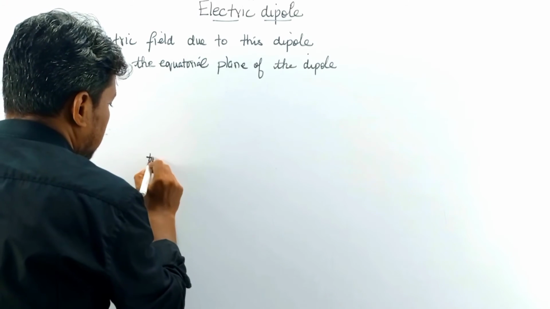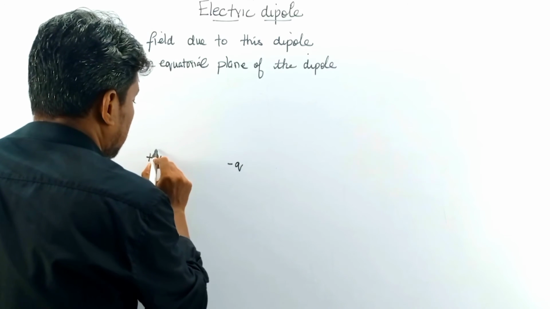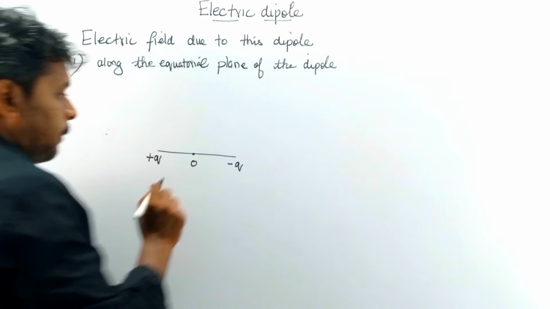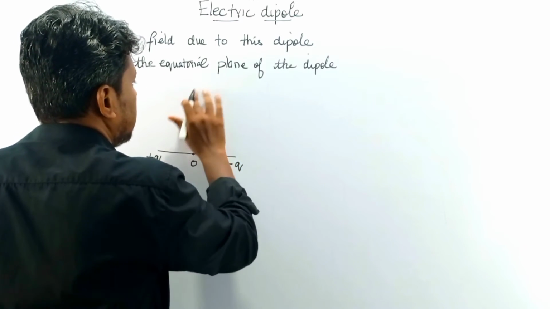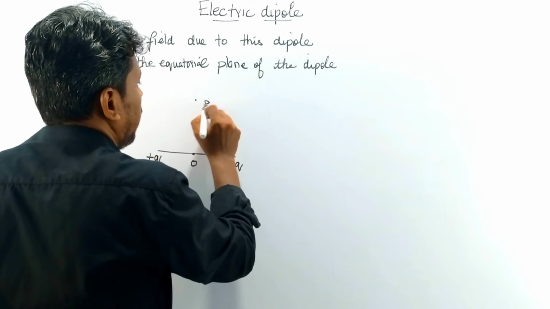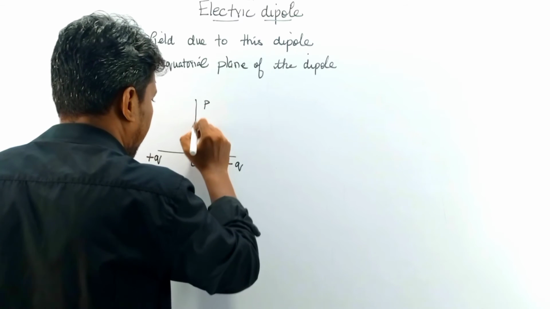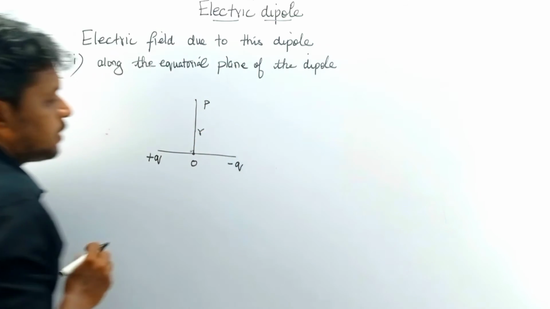We have a charge plus q here, minus q here. Okay, so center point O is kept here. I am going to take a small point P, which is kept at a distance r.